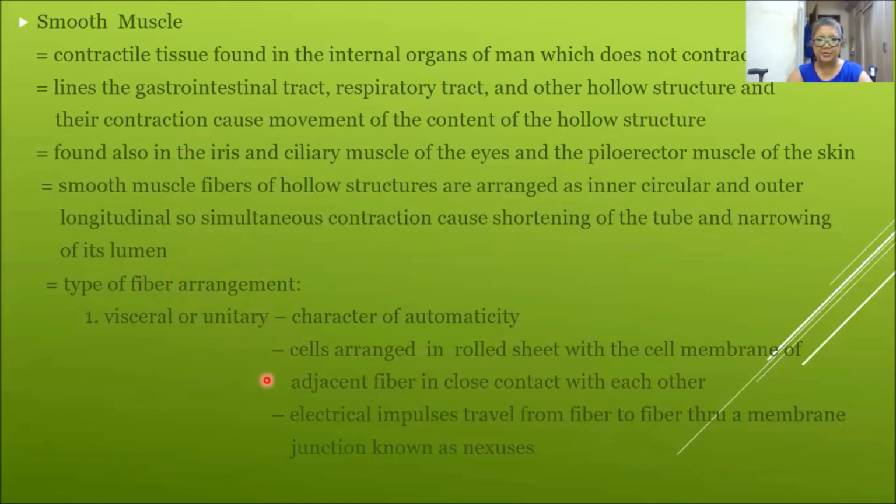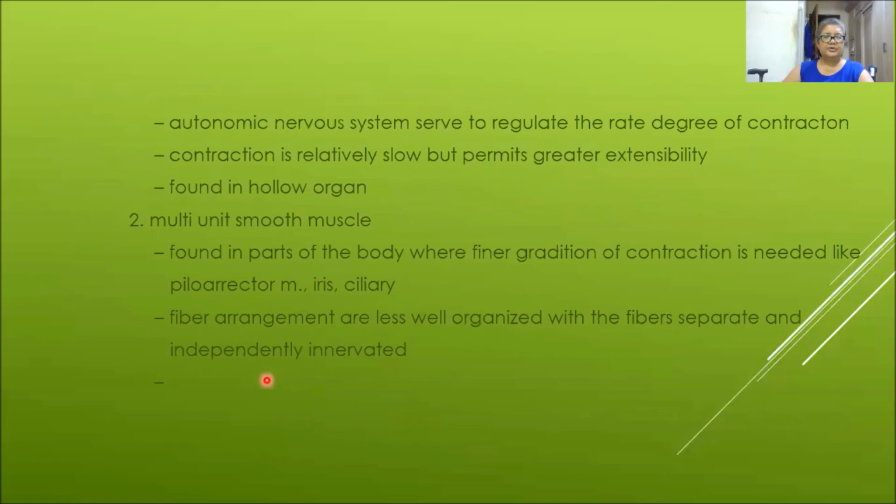The electrical impulses travel from fiber to fiber through a membrane junction known as your nexuses. The autonomic nervous system serves to regulate the rate and degree of contraction, and contraction is relatively slow but permits greater extensibility. Now, this is the type of smooth muscle found in hollow organs.